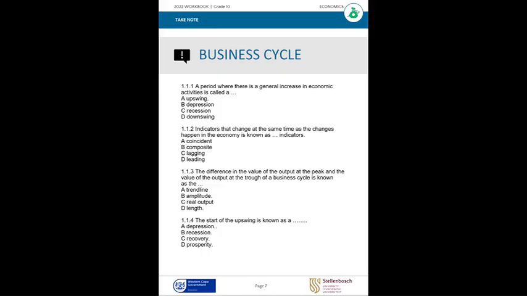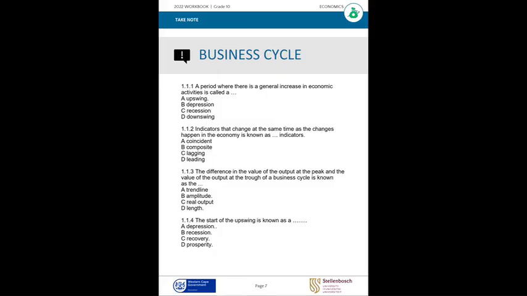1.1.2, indicators that change at the same time as the changes happen in the economy is known as what indicators? Now, as you were taught, we have those 4 indicators: leading, lagging, composite, coincident, right? Obviously, if you hear from the words already, leading tells you where we're going, lagging tells you where we've been, composite is made into one whole number.